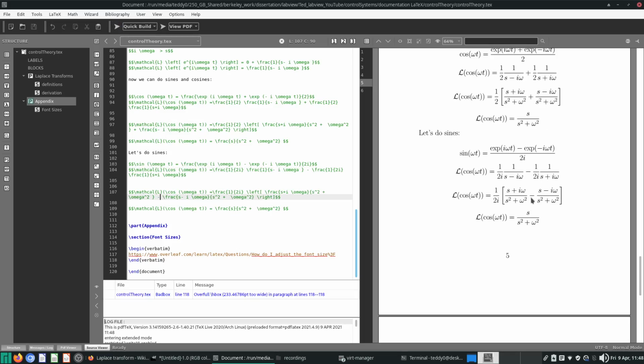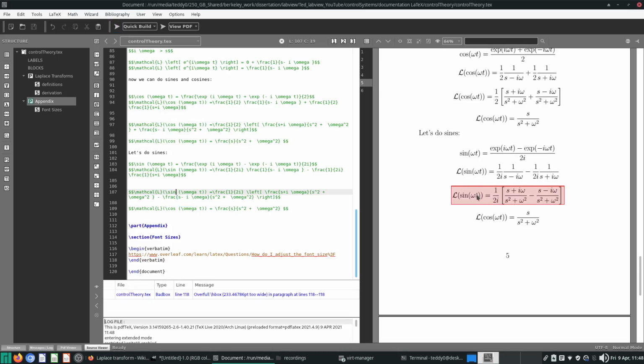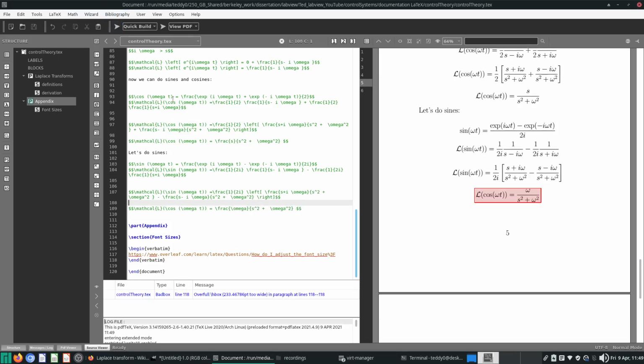I have to change this to sines. The s will cancel out, and then you just have 2i omega on top. 2i omega on top divided by 2i, you will just have omega. And there you go. Very simple. Again, this is not cosine omega t, this is sine omega t.